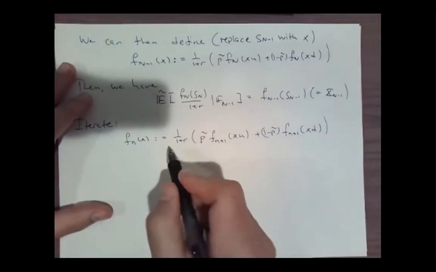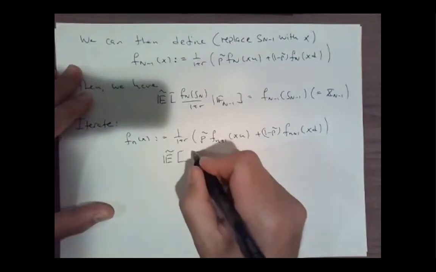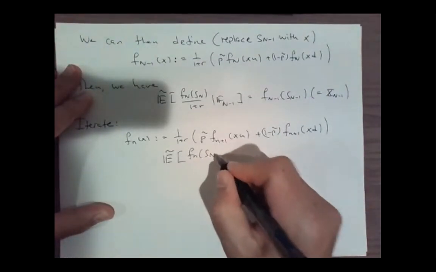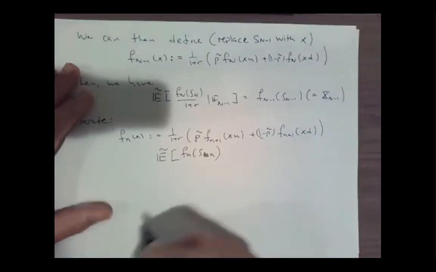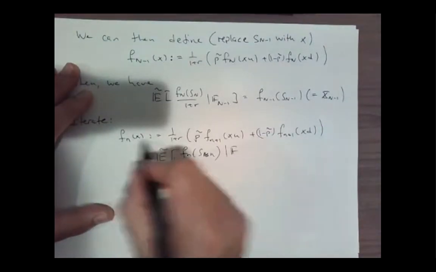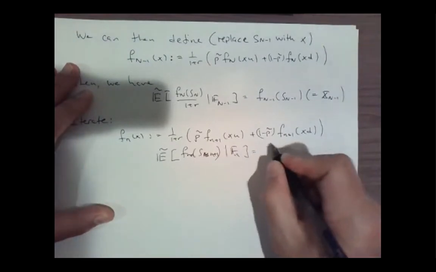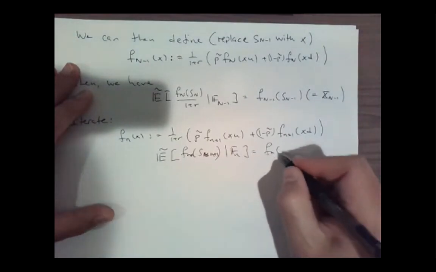So this function we have here satisfies that if I'm interested in computing the conditional expectation of f n+1 applied to S n+1, given Fn, this is going to be f little n at Sn.